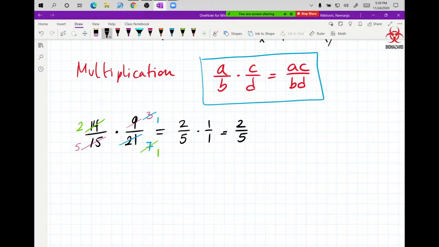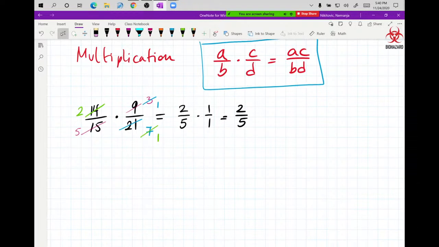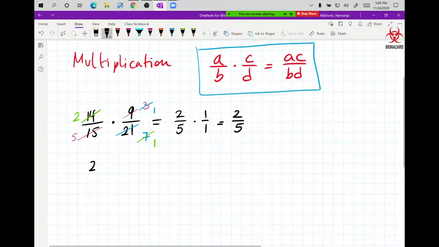Now, obviously, that's not going to happen every time. So in some cases, we would have to multiply because nothing would cancel, in which case you just go across. So this problem was great because it was something that we can cancel, but you might have 2/7 times 5/3.